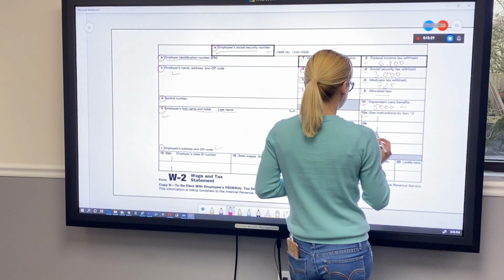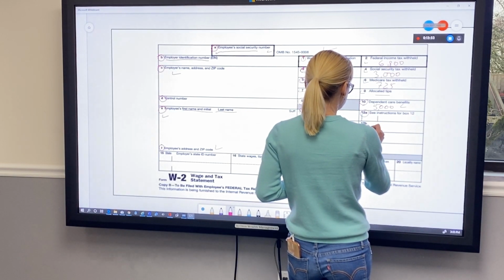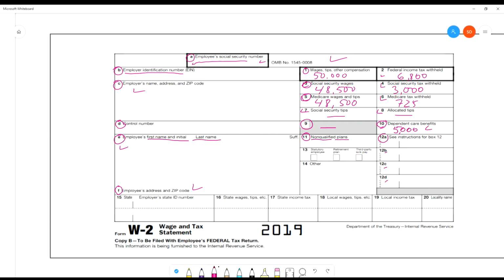Box number 12 actually has a few items, A, B, C, and D. It will include all kinds of different codes that you probably will see, like codes D, double D, A, B. The most common ones are double D, which is actually the cost of employer-sponsored health coverage, and D, which is your elective deferrals to your 401k plan.